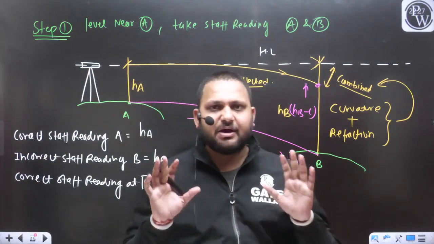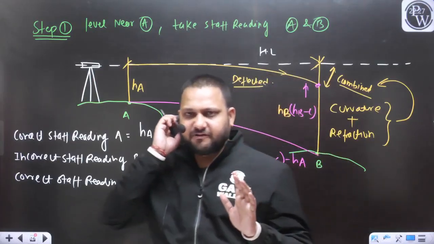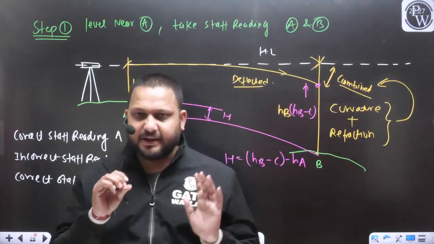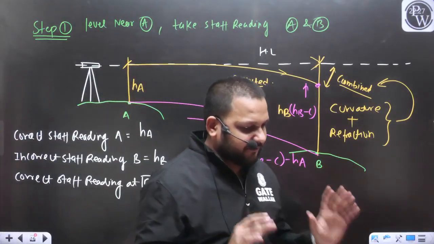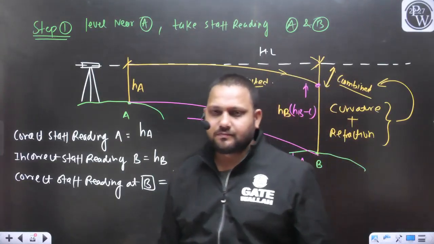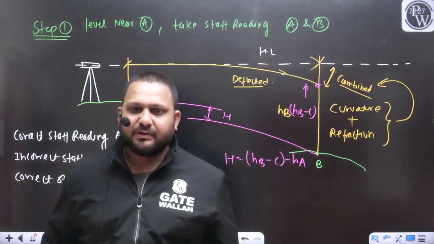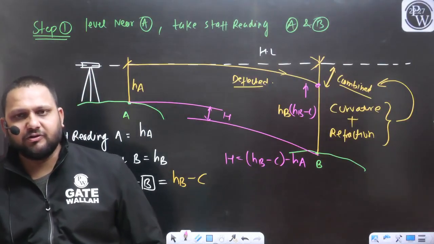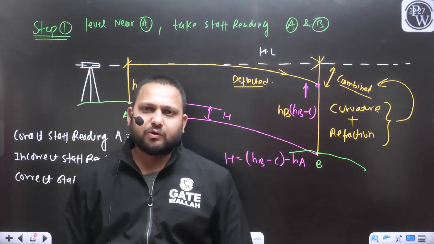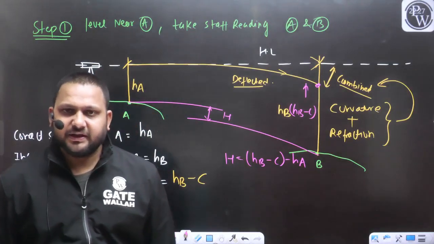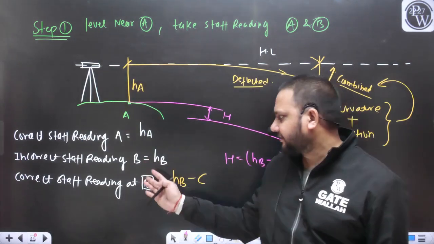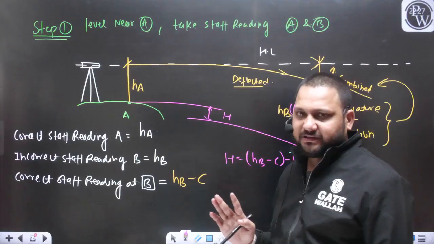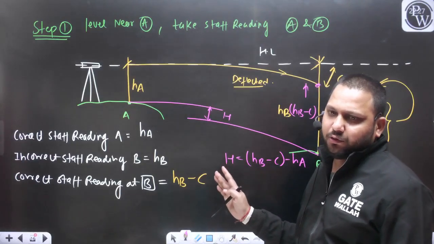So here we have applied the correction for the curvature and refraction in step 1, yes or no? But sir, earlier you told that there will be no correction required for the curvature and refraction in the case of reciprocal leveling, as you mentioned in the introductory part.